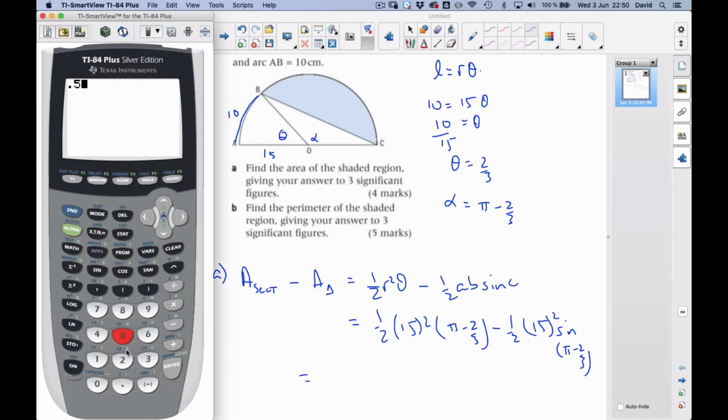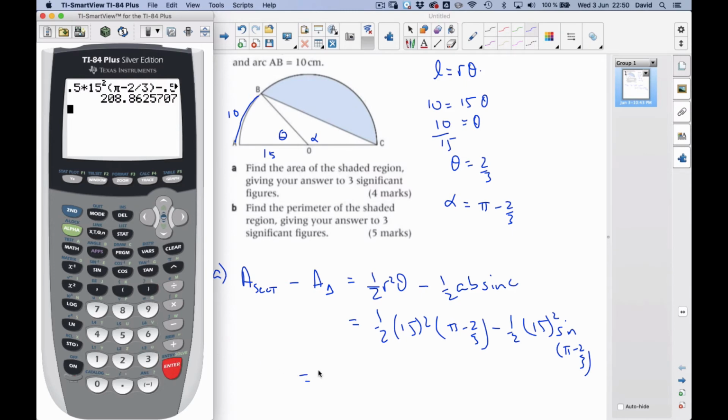So 0.5 times 15 squared times pi minus 2/3. And I'm going to subtract 0.5 times 15 squared sine, and this is again pi minus 2/3.